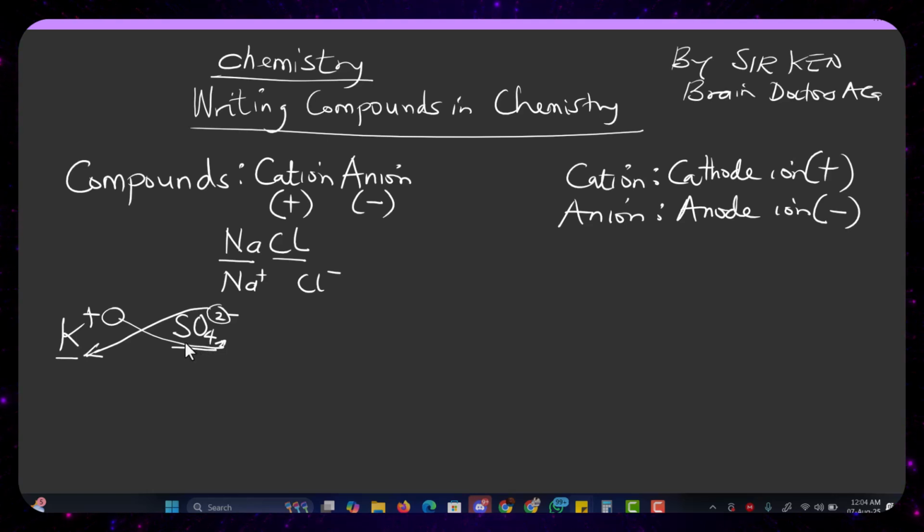This is what I mean by that. By the time you are writing the numbers, please exclude their charges. This is potassium ion, and there is an invisible 1 here. So this invisible 1 goes here, and this is sulfate ion, and this is 2. The 2 goes down here. So, what do we have here now? We have it as K2SO4.